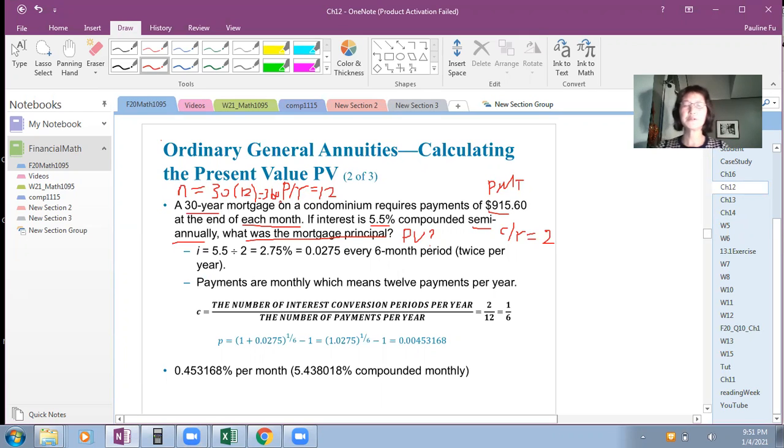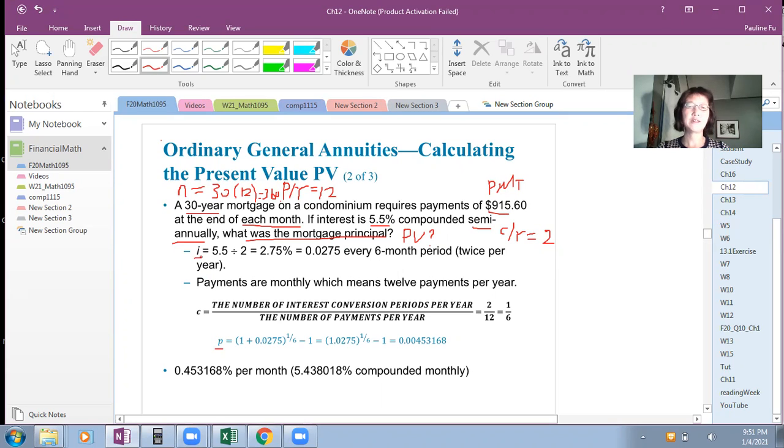So we are going to use 3 methods to solve this question. 1, formula. 2, financial calculator. 3, Excel. First, formula method. In formula method, you need to calculate P. In order to calculate P, you need to calculate I, the periodic rate of interest.